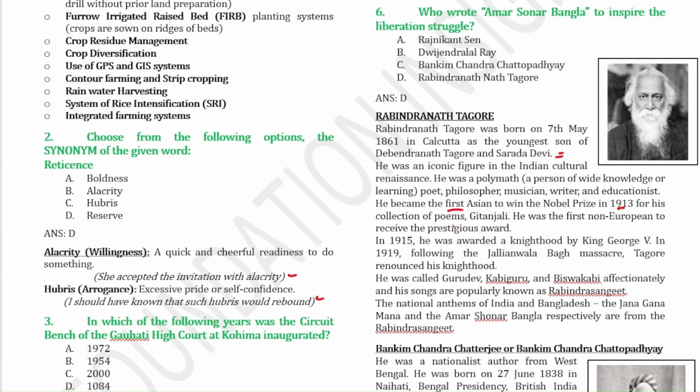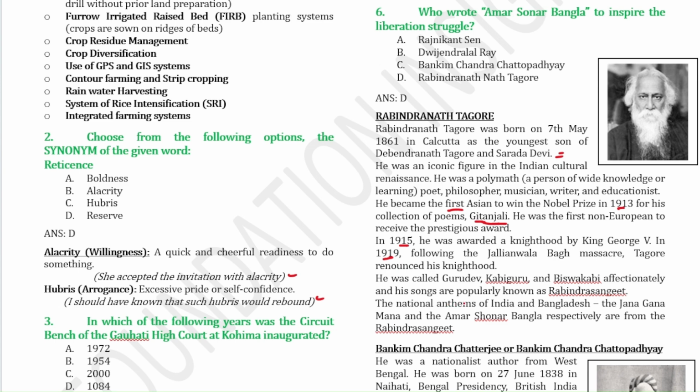He won the Nobel Prize for his collection of poems called Gitanjali. This is important. In the year 1915, he was also awarded knighthood, but in the year 1919, he renounced his knighthood. So these are some of the years that are important.